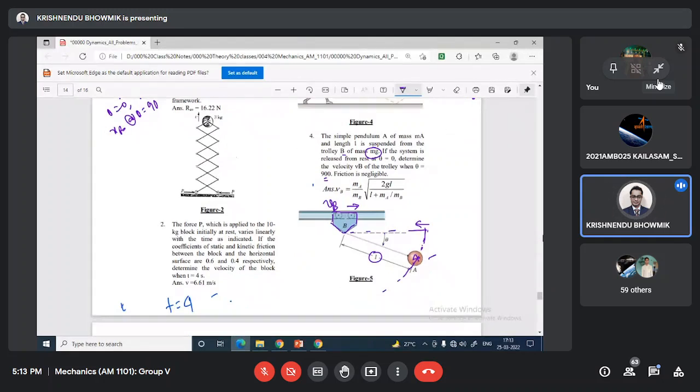And if we consider the particular case when theta equal to 90 degree, I draw one horizontal line like this, roughly.